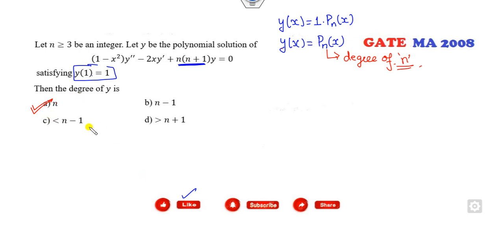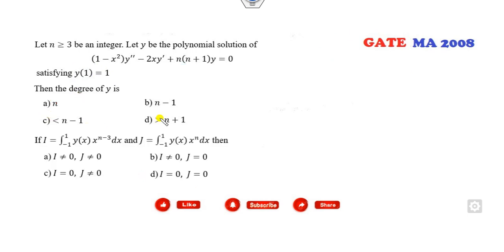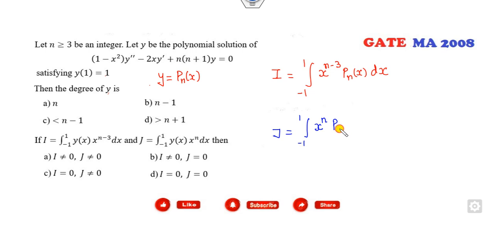Fine. Look at the next question, which is the consecutive part of this. As I got that y is nothing but pn of x based on this initial condition, then I is the integral from minus 1 to 1 of y times x to the n minus 3 times pn of x dx, and J is the integral from minus 1 to 1 of x to the power n times pn of x dx.